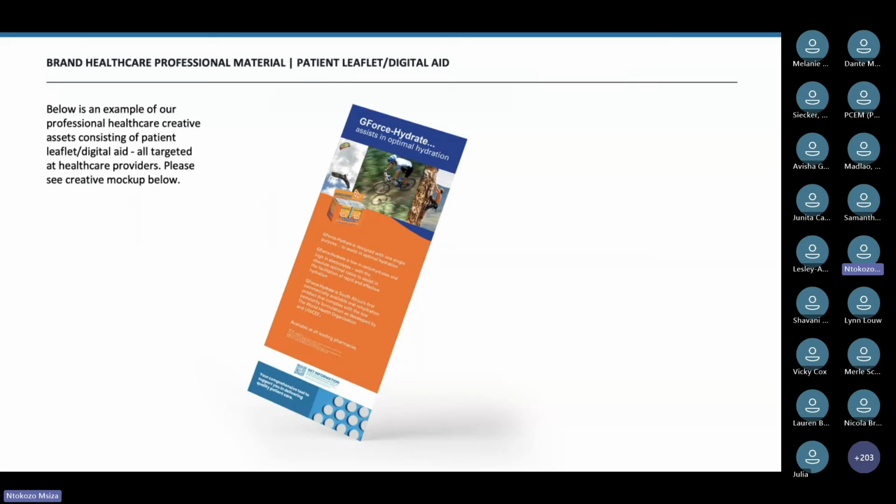Another one is a leaflet or a flyer that can be used when sharing your brand material or marketing material. You can also include the logo with the QR code.